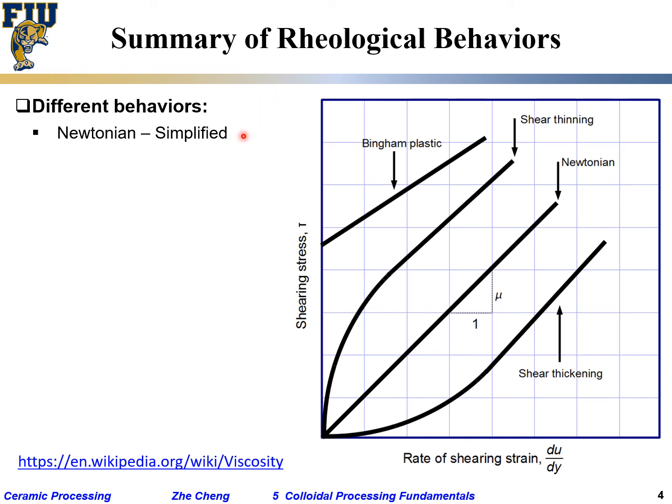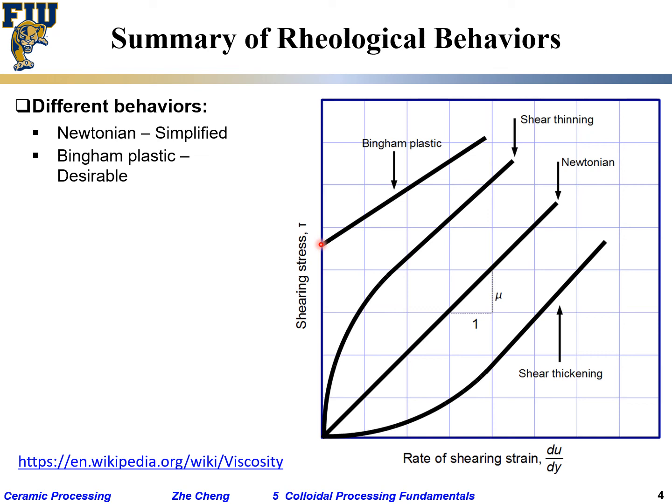We said you encounter this for water, some alcohol, some oxides. And then the second one is what we call Bingham plastic, which sometimes people say would be desirable, which means when my shearing stress is below this critical value, the material does not really change shape over time.